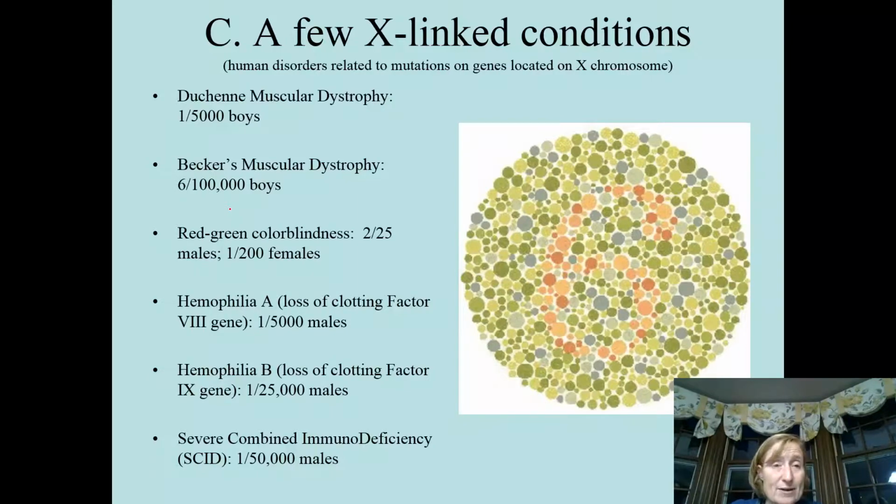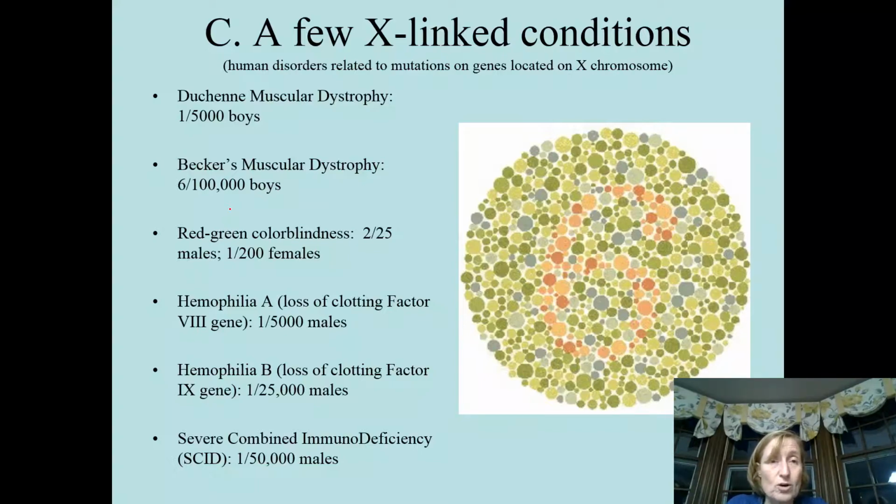You've probably heard of Duchenne muscular dystrophy. Duchenne muscular dystrophy is a disease in which individuals lack the ability to make a protein called dystrophin, which is really important in maintaining muscles. People who are born with this, mostly boys, will slowly lose their muscles, and their muscles will deteriorate over time.